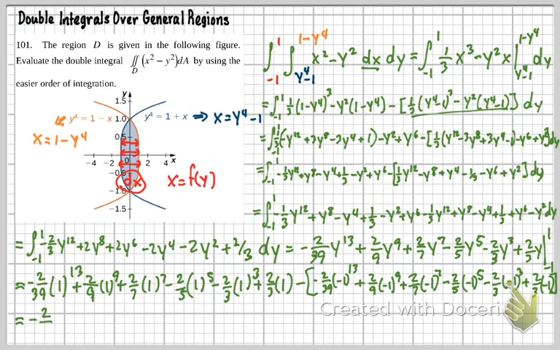So I'm going to get negative 2 over 39 plus 2/9 plus 2/7. Now I'm here. Minus 2/5. And then I'm here. Minus 2/3. And then I have plus 2/3.